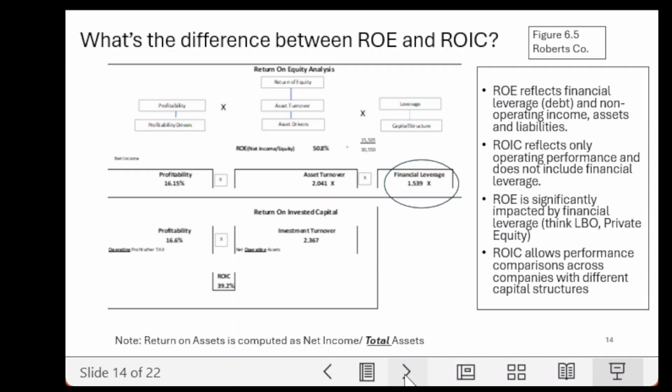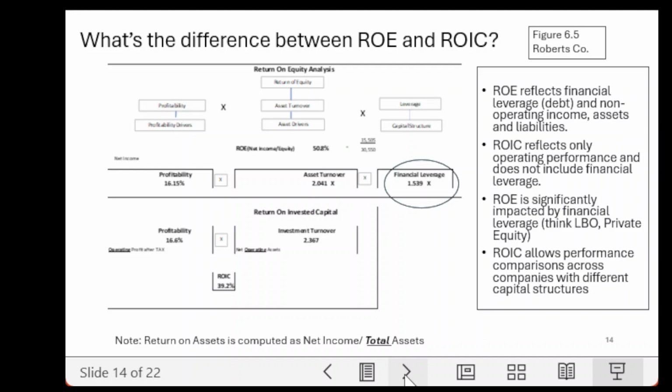So it's important to recognize the profitability is a little bit different in ROE in that it includes or reflects interest expense and non-operating income. So it's really the net income available to all shareholders. And so financial leverage is also taken into account, obviously, with this one.